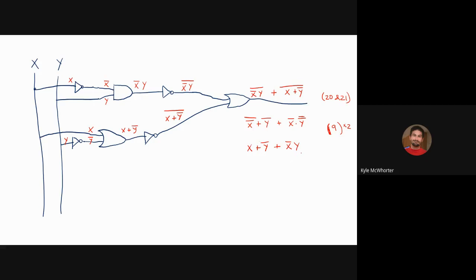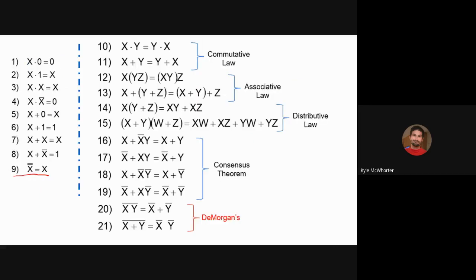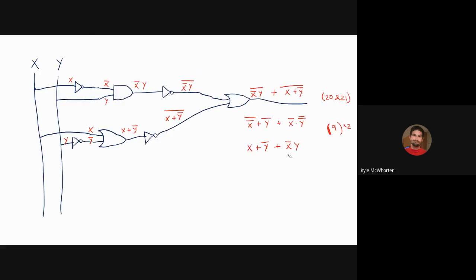And now if you look at the last two terms, we have the consensus theorem. Remember, it's the buddy theorem. If you have two opposites with a plus sign in between them, and one of them has a buddy, the one with the buddy goes away. So we're going to use the consensus theorem and see if we can figure out which version of it we have. We have a y and a not y.